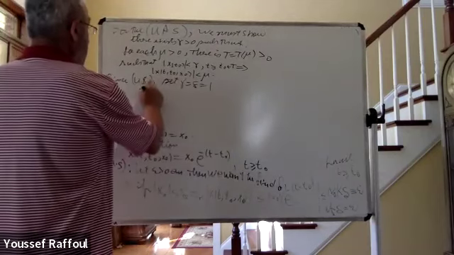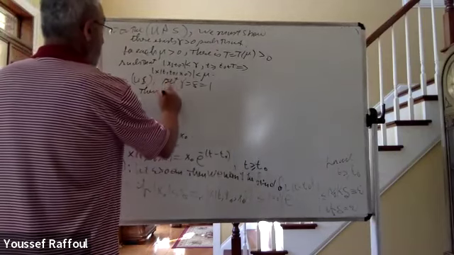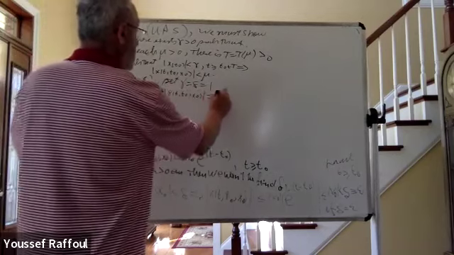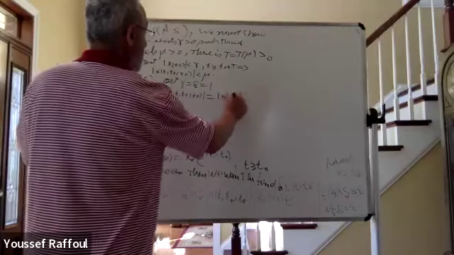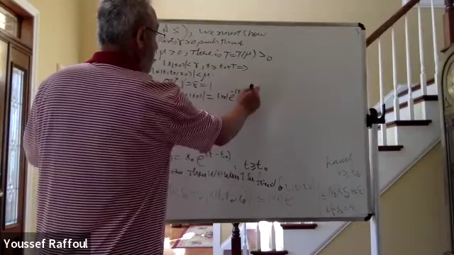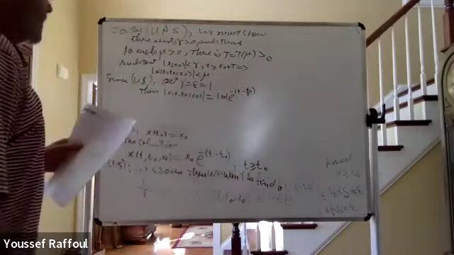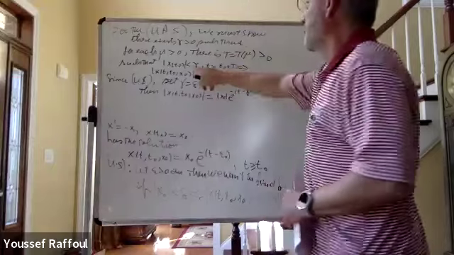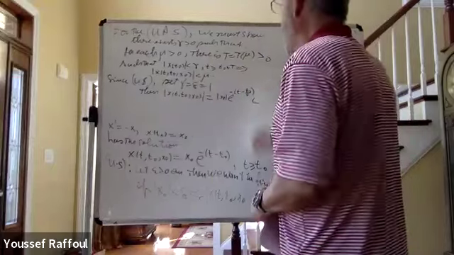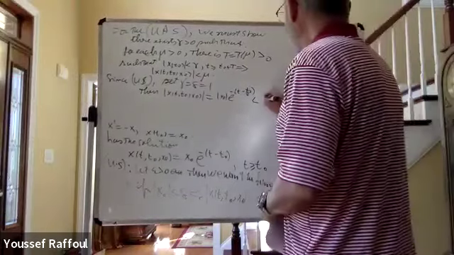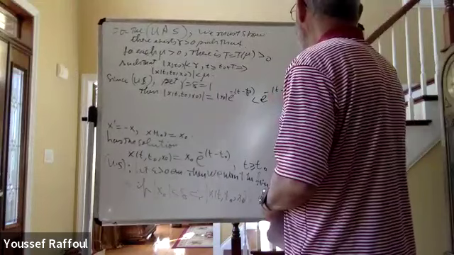And then x(t, t naught, x naught) is equal to x naught e to the minus t naught. This is less than e to the minus t naught.